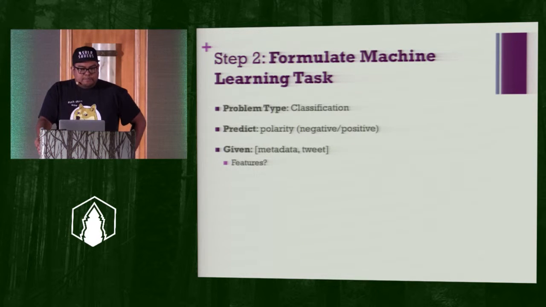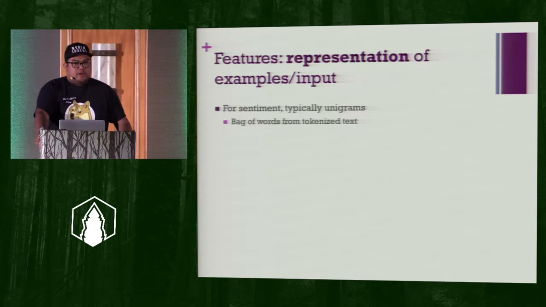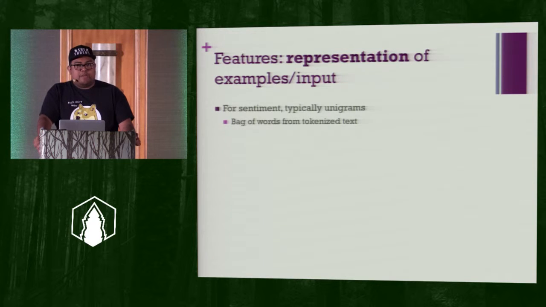In our data set, we have some metadata and tweets, but how do we feed this into an algorithm? So we need to define some sort of feature set. Features are how you represent your examples as input into a machine learning algorithm. At a high level, these are usually arrays or dictionaries that you pass into an algorithm along with something that it's trying to learn.